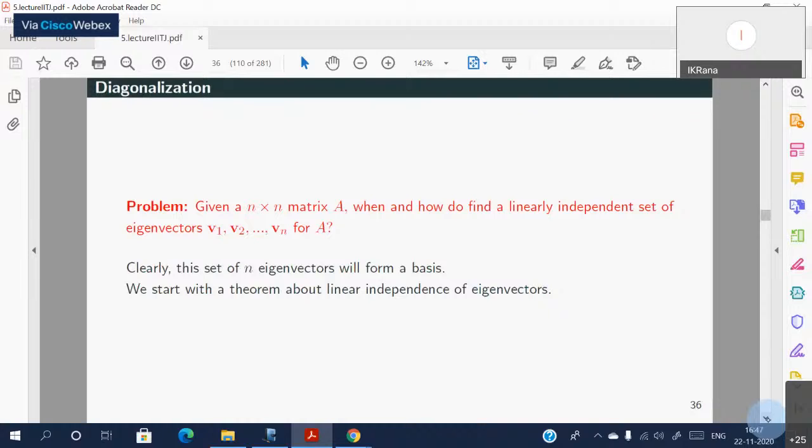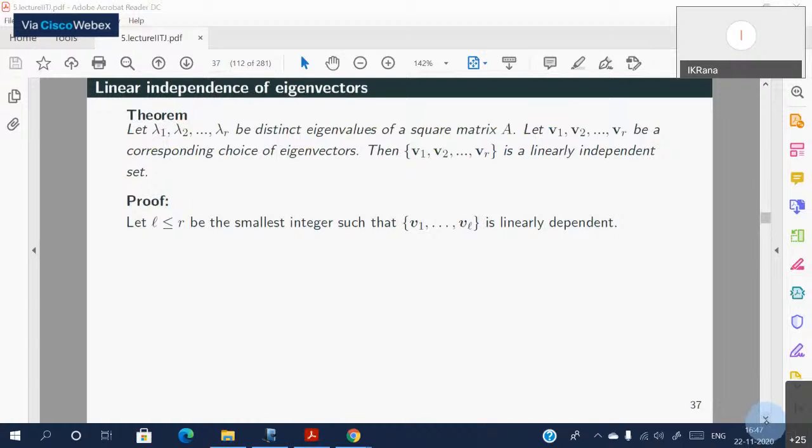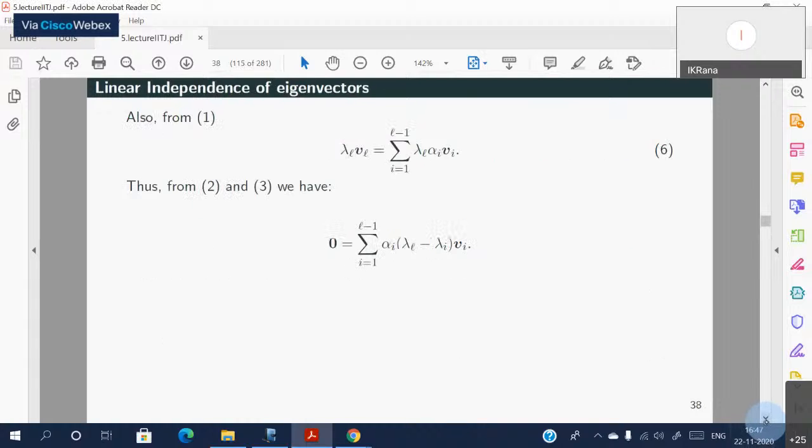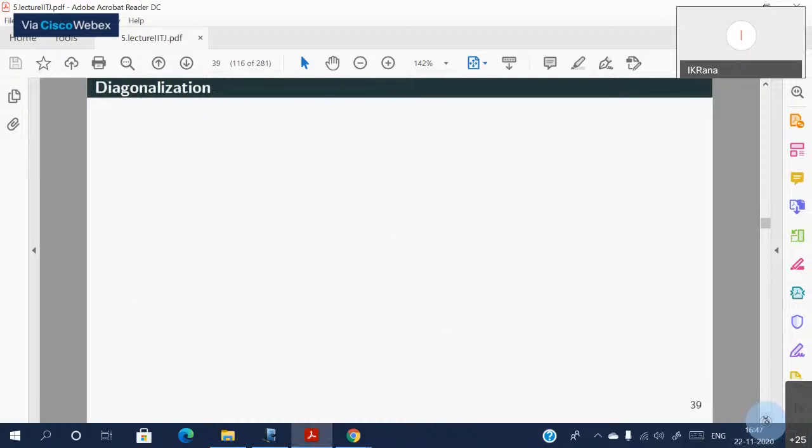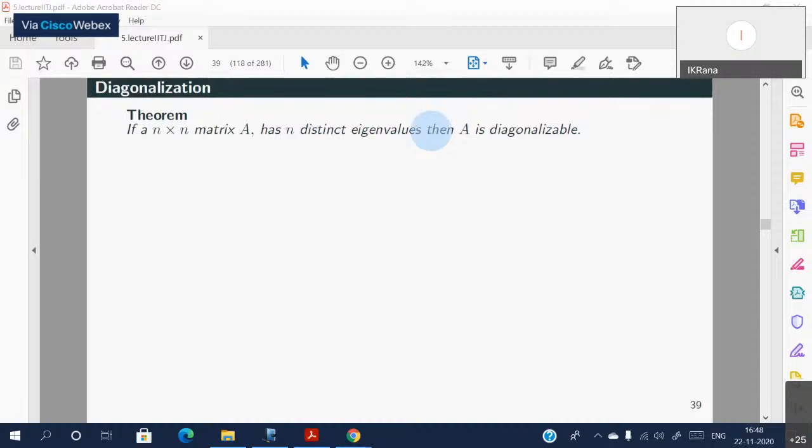So when is that possible? That we have already seen. I think this is a repetition of that, so let us skip the repetition. Let us assume that the matrix is such that all eigenvalues are distinct.